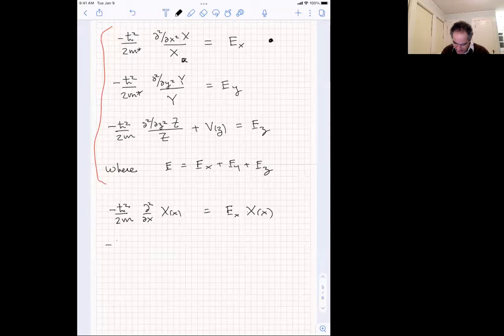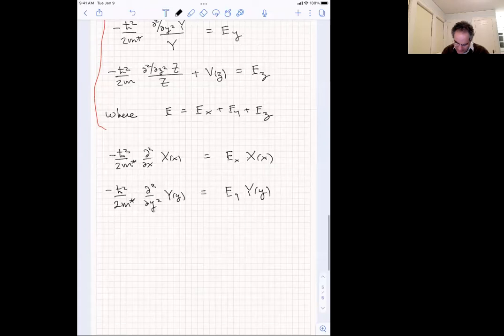And we have an equation that looks exactly the same for the y function. And finally, we have something that looks a little bit more interesting for the z function.